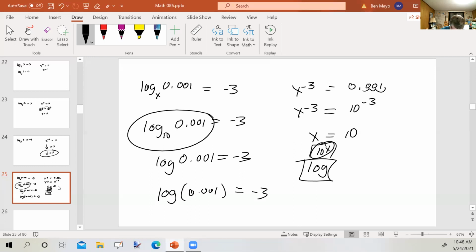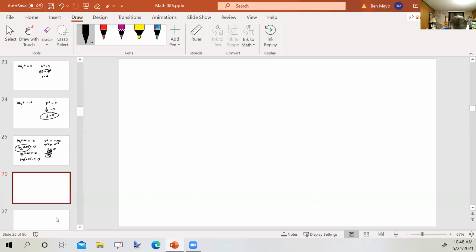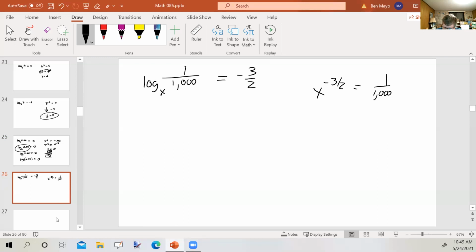Let's see here. How about this one? Log base x of 1 over 1,000 equals -3 halves. Wow. It's too early in the morning for this, isn't it? So this would become x to the -3 halves power equals 1 over 1,000. What could I do to x to the -3 halves power to make it just plain old x?